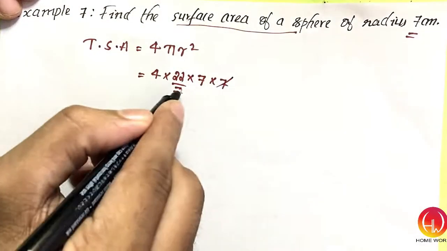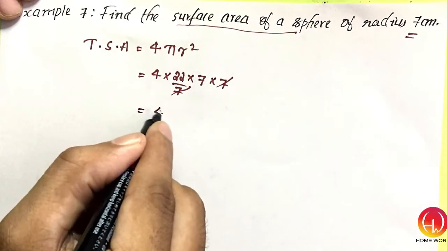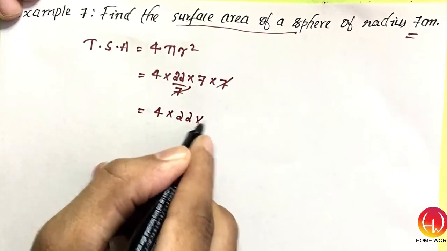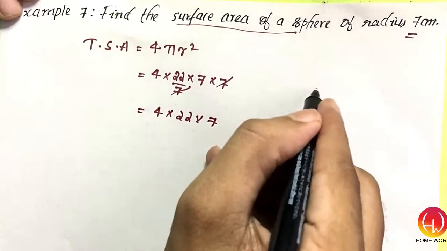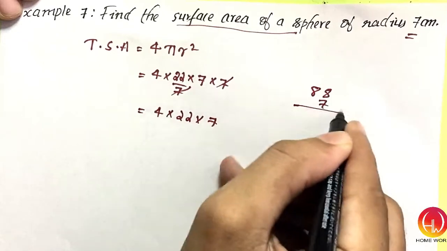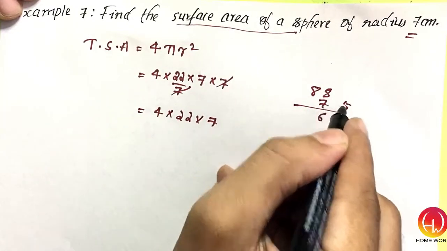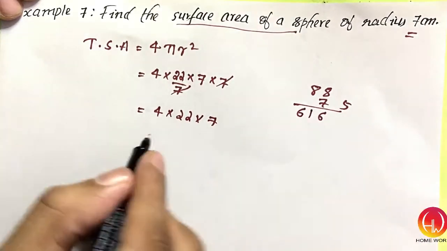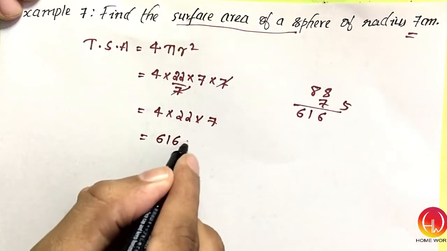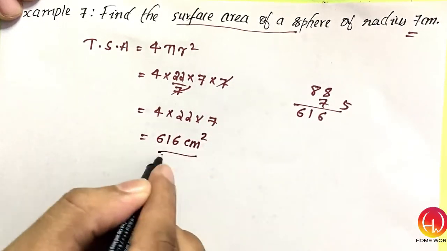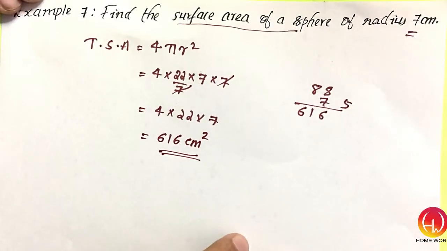Then this 7 and this 7 get cancelled. Then 4 into 22 into 7. 4 into 22 equal to 88. 88 into 7 equal to 616. So 616 cm square is the total surface area of the given sphere.